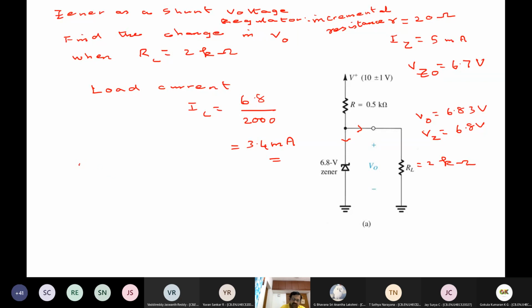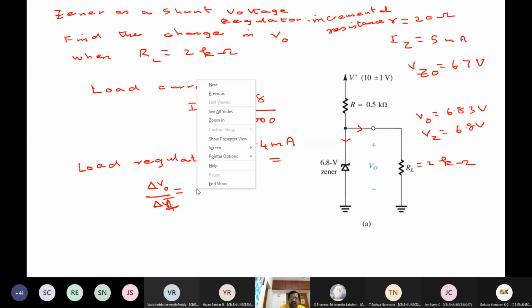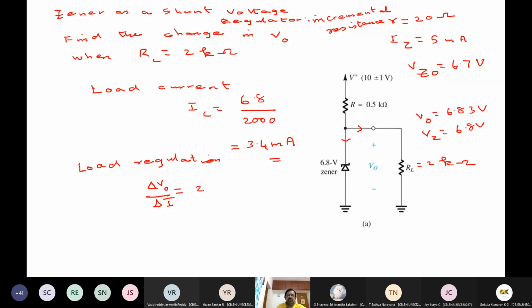So your load regulation value, as we have seen in the morning, is delta V naught by delta I, because the current is the variable. So let me write it clearly: delta V naught by delta I. We have seen it is 20 millivolt per milliampere.